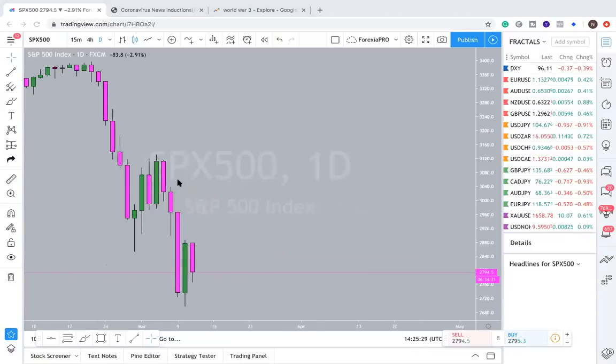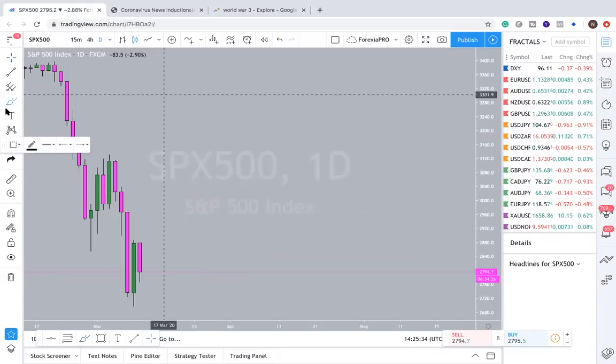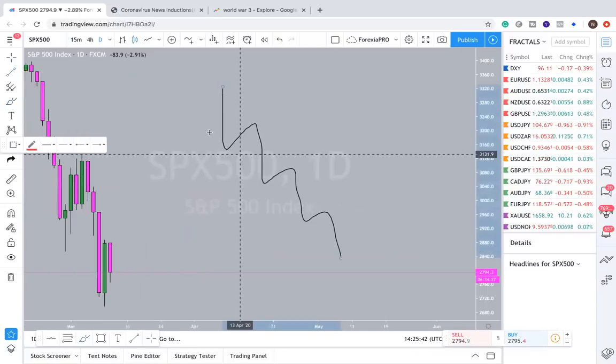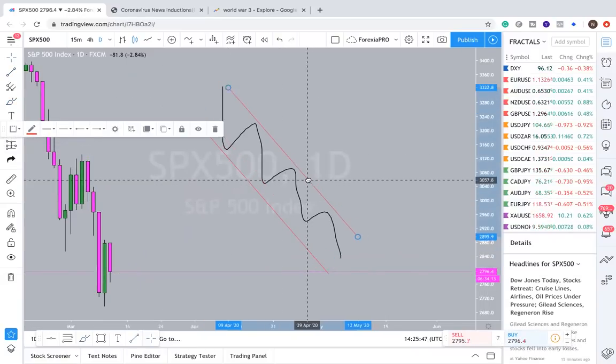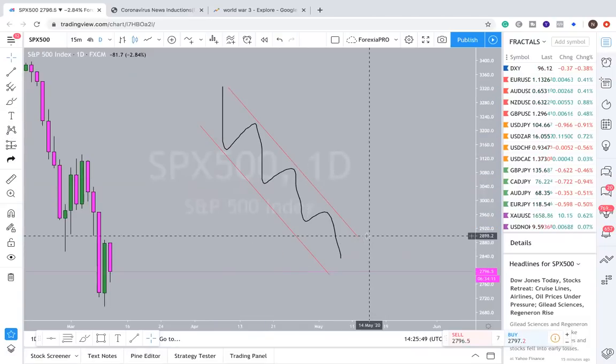First of all, what you need to find is the induction trend. The induction trend is a defined trend to where you can say, all right, I can place this trend line here and this trend line here, and it looks like an obvious trend.